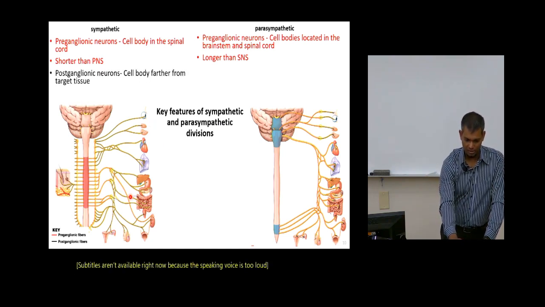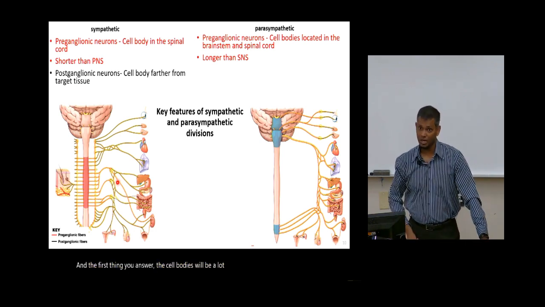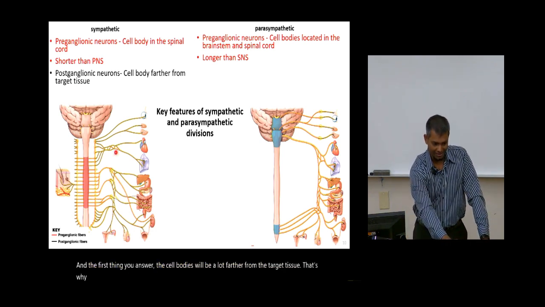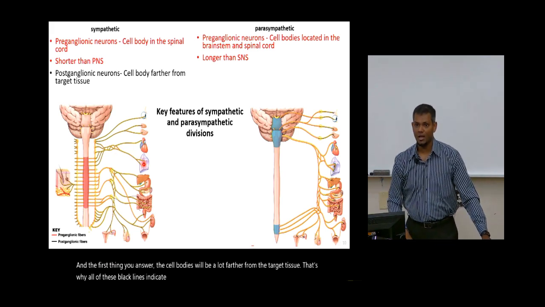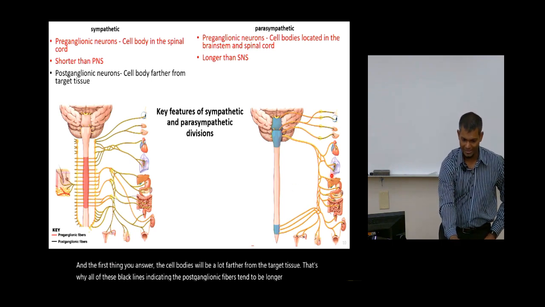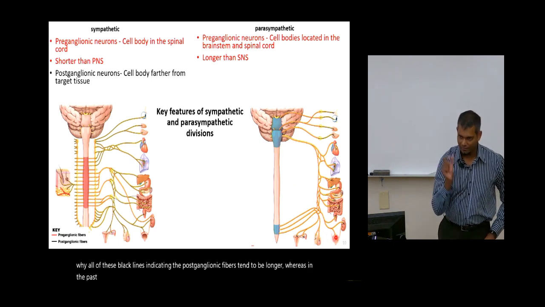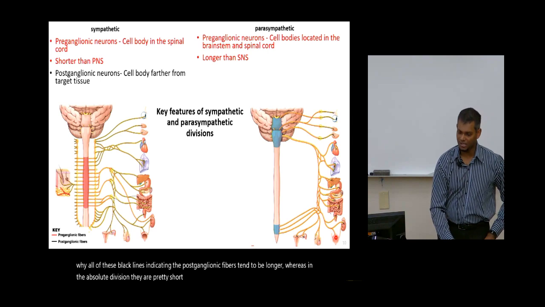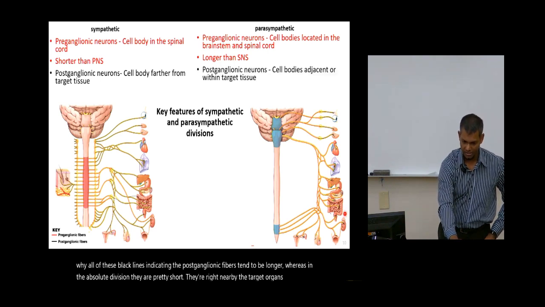And the postganglionic neurons' cell bodies will be a lot farther from the target tissue. That's why all of these black lines indicating the postganglionic fibers tend to be longer, whereas in the parasympathetic division they are pretty short. They're right nearby the target organs, as you can see right here.